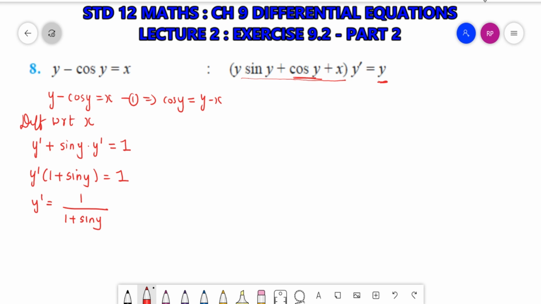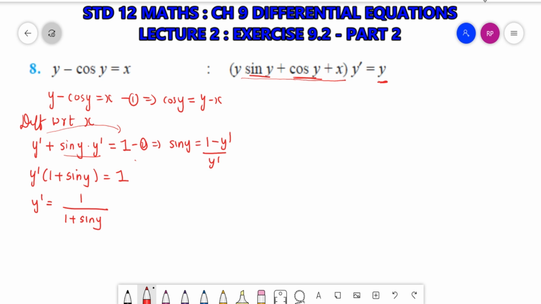So I will replace this cos y. Now remaining is sin y. So from equation 2 I can replace sin y as 1 minus y dash by y dash, because sin y into y dash will be 1 minus y dash, divided by y dash.